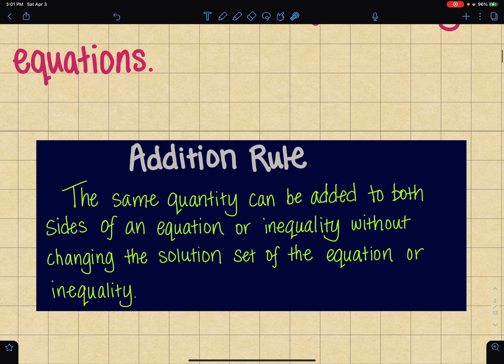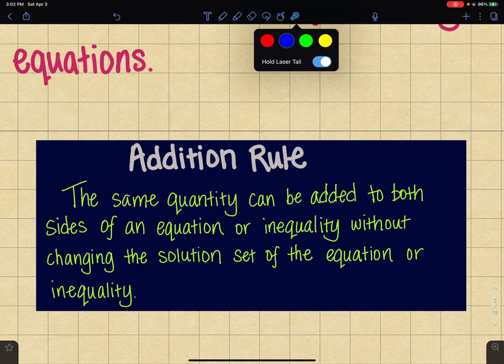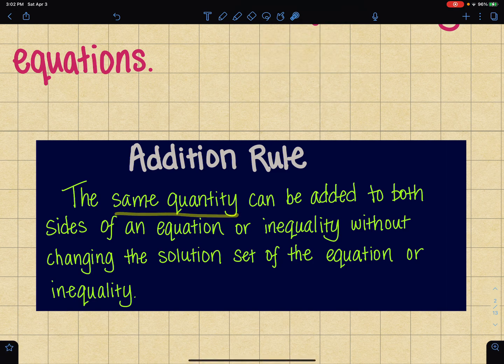The addition rule is the same. When you have an equation like x is equal to y, if you add something to one side, you can add it to the other side, and it doesn't change the solution. This rule says the same quantity can be added to both sides of an equation or an inequality without changing the solution set of that equation or inequality.